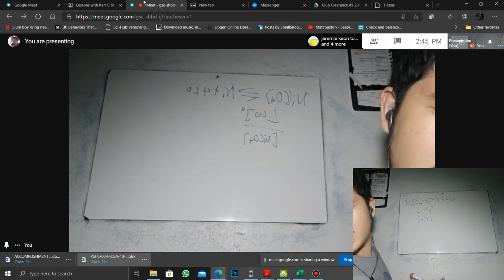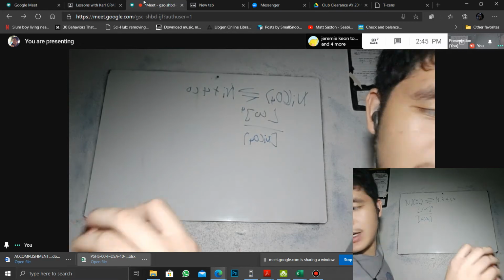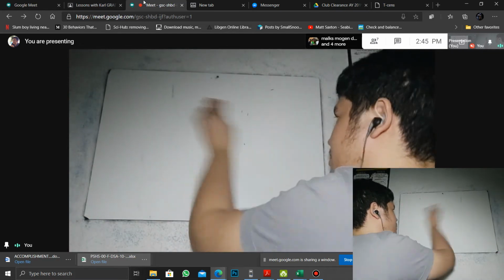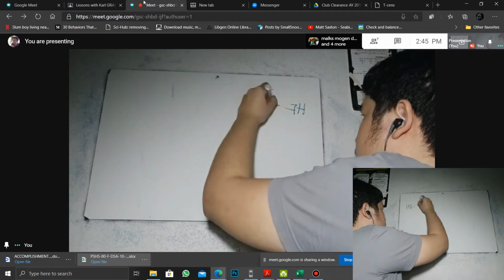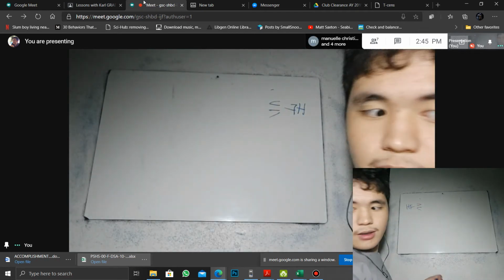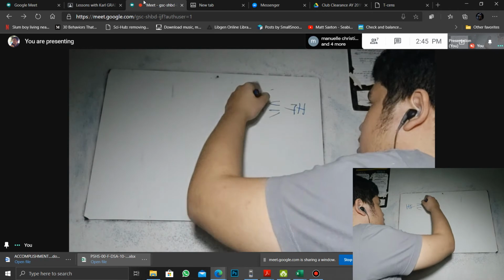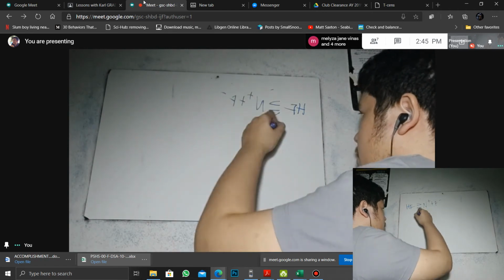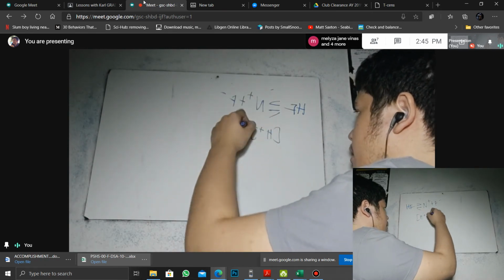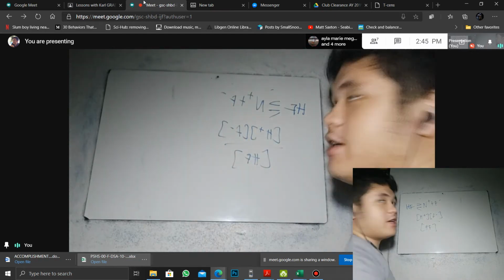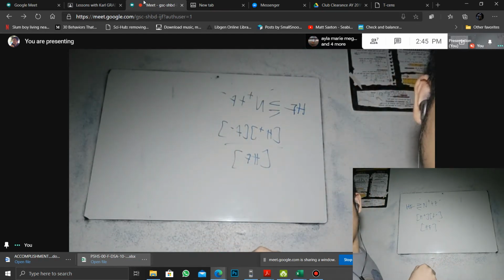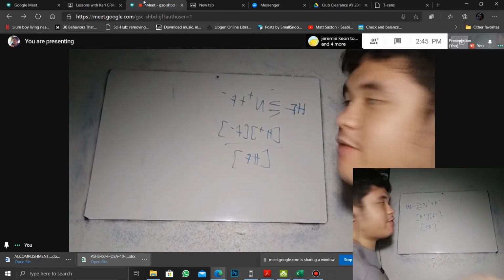Heterogeneous siya. Letter D. HF forms H plus F minus. H plus F minus over HF. Yun lang. Aqueous na lahat, homogeneous. Number 5, letter E. Ayan.